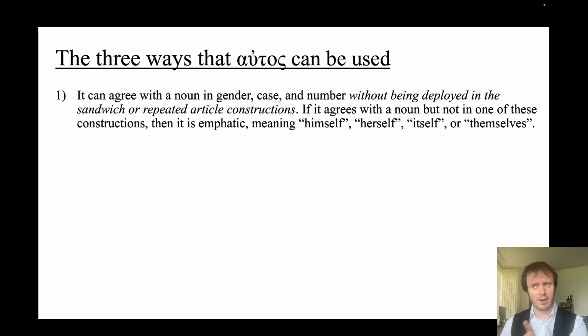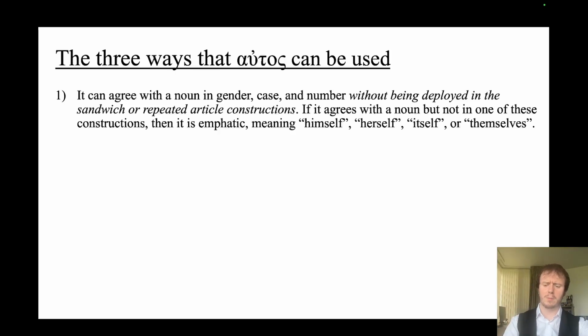There, the Queen herself would be in the dative. You could say, I saw a corgi of the Queen herself. There, it would be being used in the genitive. So, αὐτος can be used in any case when it's being used in this first way.